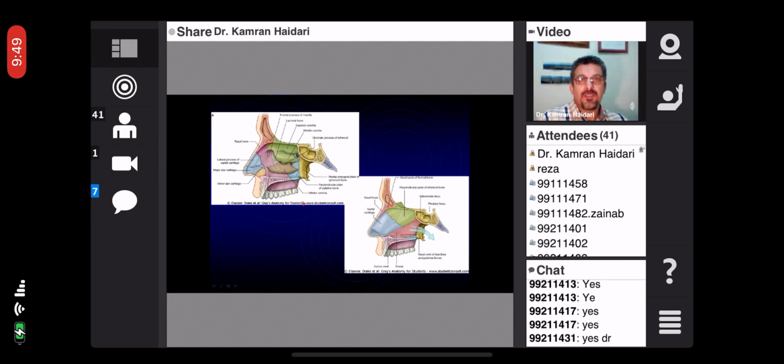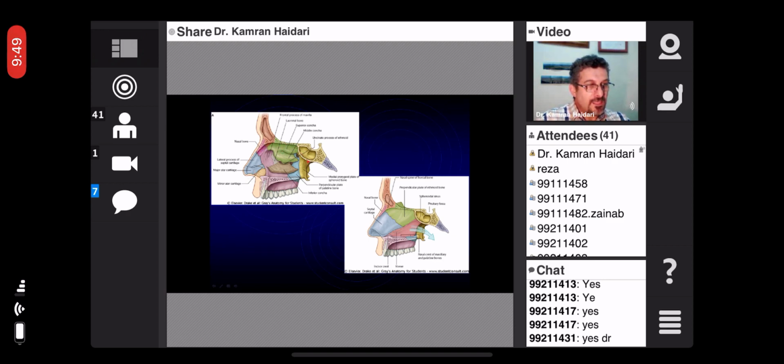You can see the lacrimal bone in the medial part of the orbit, but the medial surface of this bone contributes to the lateral wall of the nasal cavity, as you see in this picture.